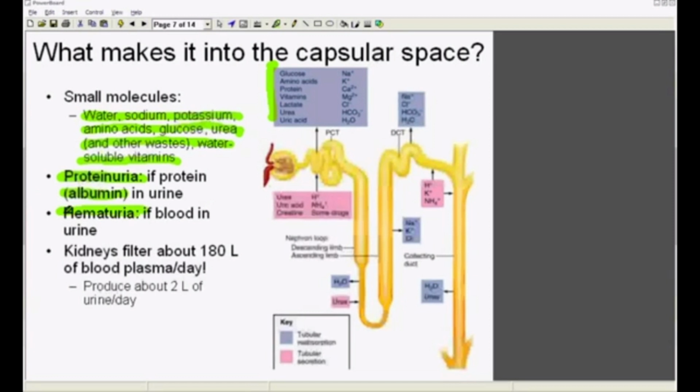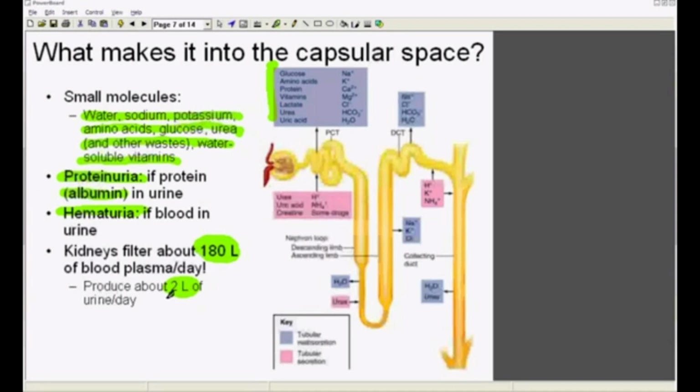Now, your kidneys do an amazing job of filtering your blood all the time. In fact, in a single day, they can filter as many as 180 liters of blood plasma. Now, you only have about 5 liters of blood, so that means the same blood is passing through your kidneys, obviously, dozens of times per day. Out of that 180 liters of blood plasma that's filtered per day, we only make on average about 2 liters of actual urine.